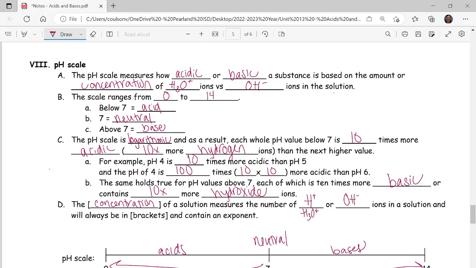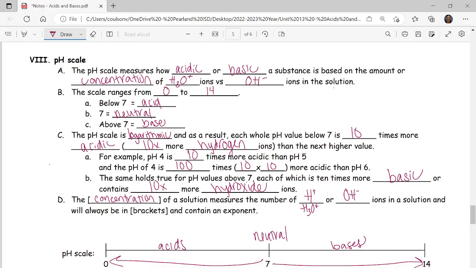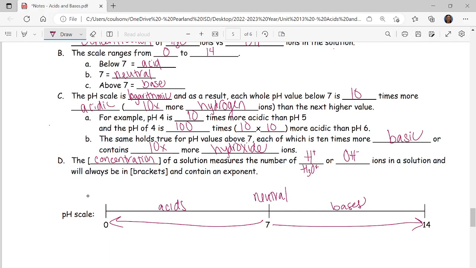So it'll be something in scientific notation. Your strongest acids, meaning the ones that dissociate the most, will be down here, and your strongest bases will be over here, and a neutral solution is about a pH of 7.